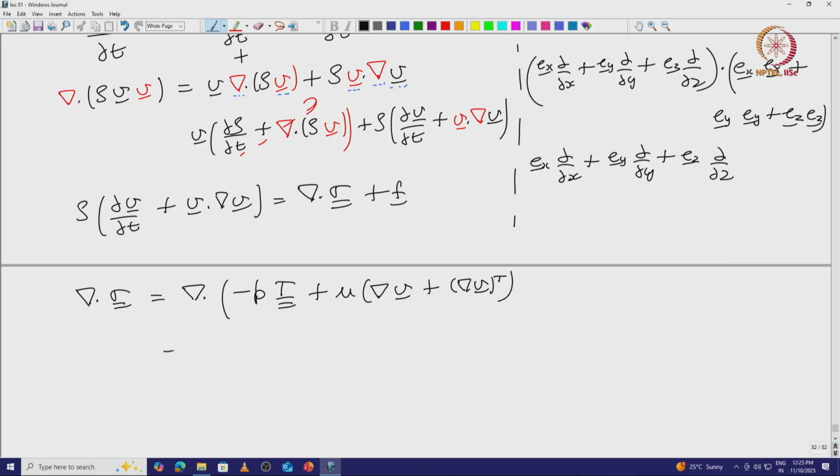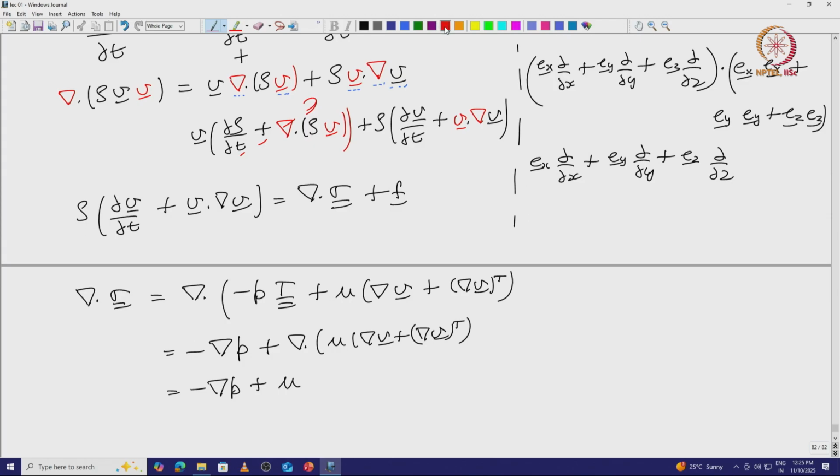So, this is equal to minus gradient of pressure plus the viscous term. Viscosity is independent of position. If it were dependent on position, this should be written as mu into grad v plus the transpose. If it is independent of position, I can take it out: minus grad P plus mu.